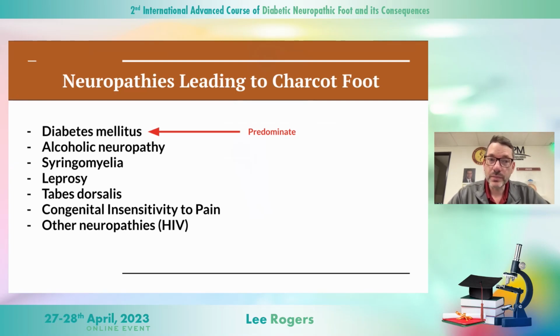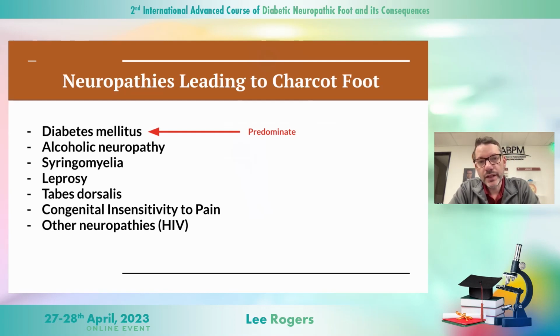However, we do see patients that have alcoholic neuropathy, some still with leprosy that lead to neuropathy and Charcot foot. Tabes dorsalis, I've never seen a case of that, although that's the original description from Charcot himself, leading to the bone and joint condition. We have seen patients with congenital insensitivity to pain, and then also HIV neuropathy. I wrote about one of the first cases of HIV neuropathy leading to Charcot foot.